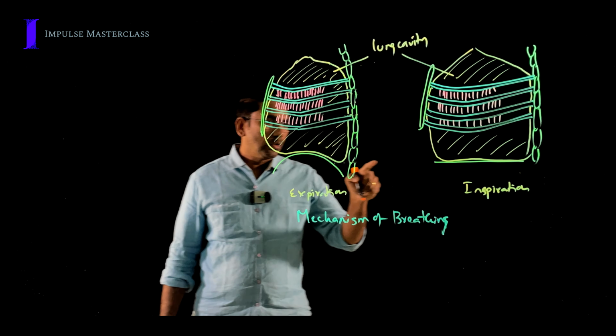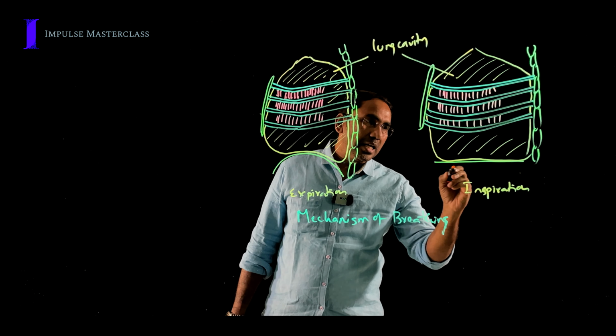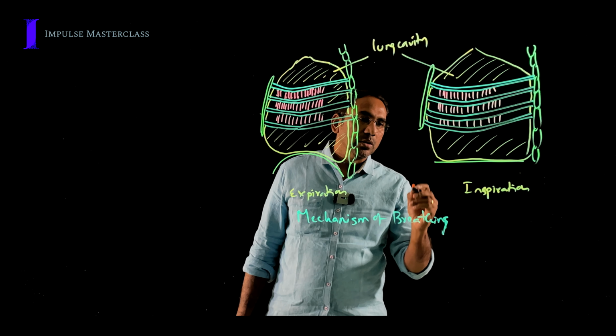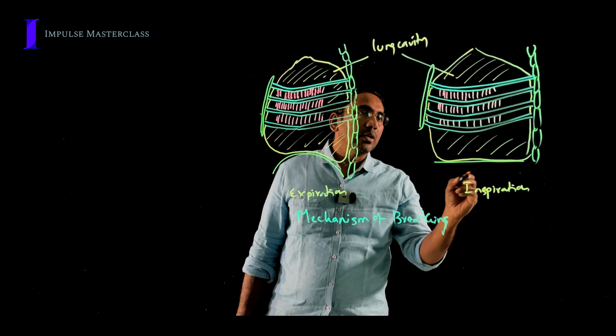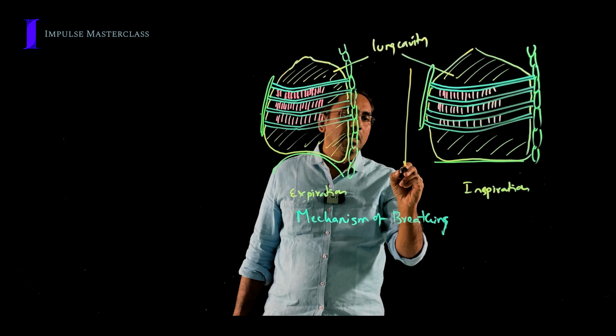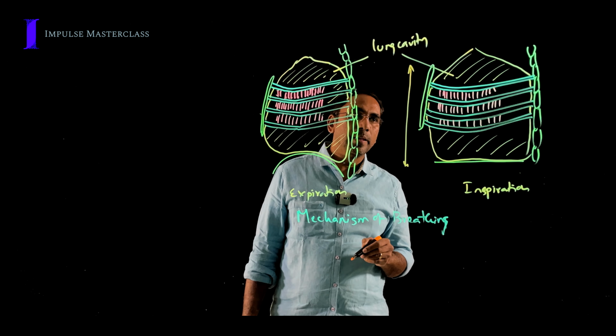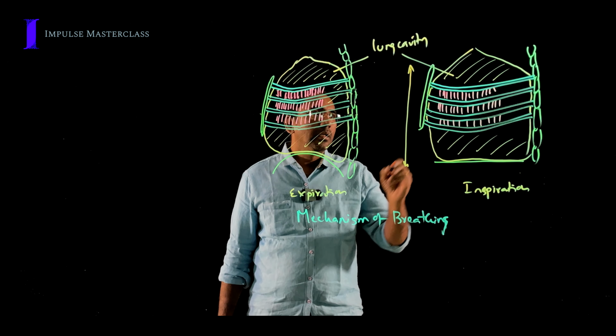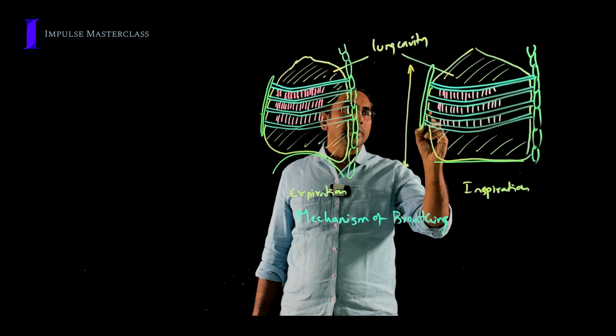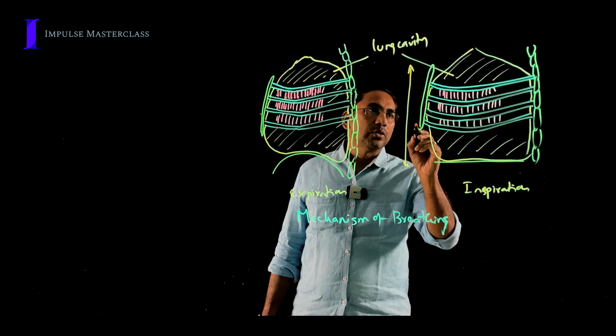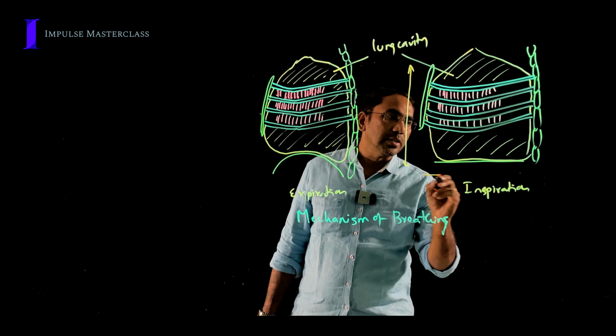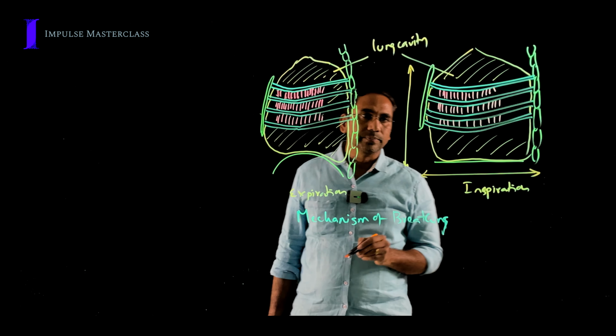Due to the contraction of diaphragm muscles, the diaphragm becomes flat. So the thoracic cavity increases anteroposteriorly. At the same time, external intercostal muscles contract. So the thoracic cavity increases dorsoventrally.